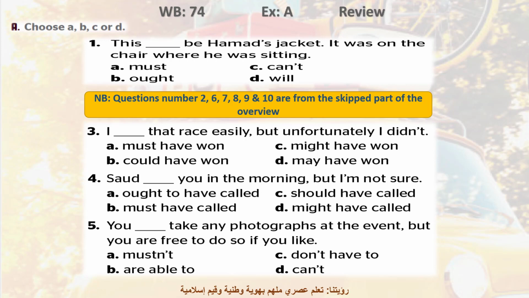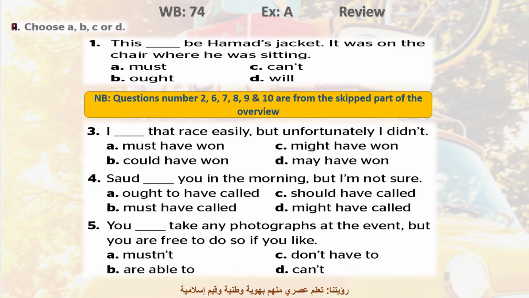Here are the answers. Number 1, this space be Hamad's jacket. يعني هذا فراغ jacket مال حمد. It was on his chair when he was sitting.